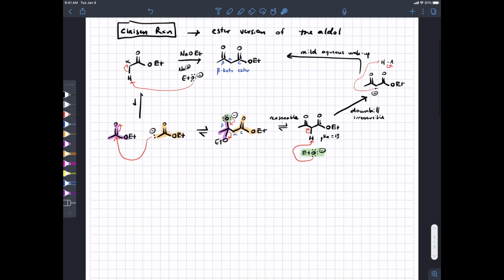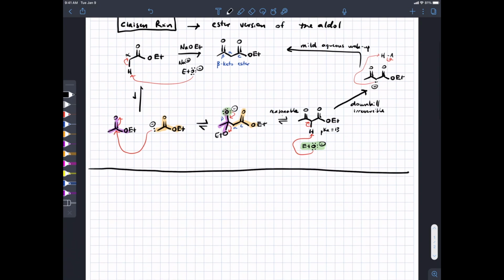All right. The Claisen reaction, this is a self-Claisen reaction that I've just shown you. Of course, sometimes we will want to do the cross-Claisen, where we use one ester that we want to be the enolate and the other to be the electrophile.